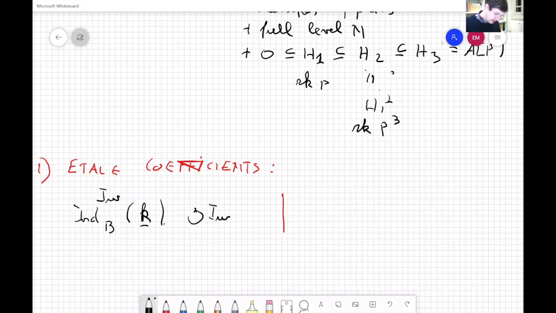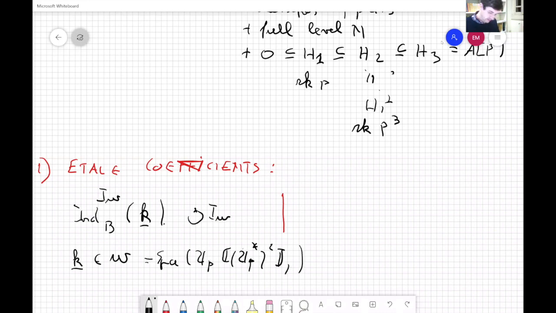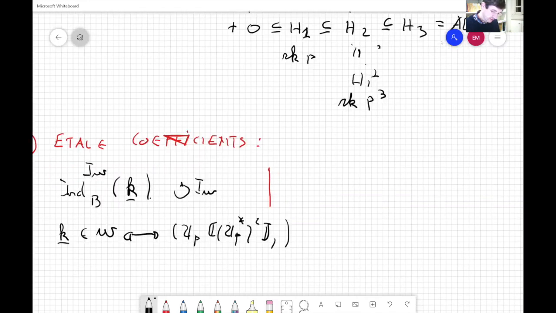So here the character varied in a weight space that is associated to a two-dimensional torus. So we can simply write Zp star squared, okay? So this is the plus part, and then, well, so the generic fiber, if you want. So it's the generic fiber of this formal scheme.